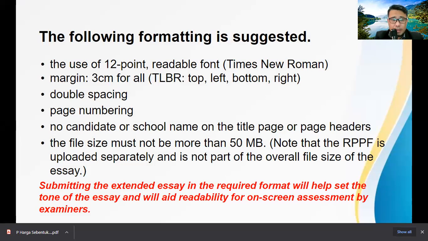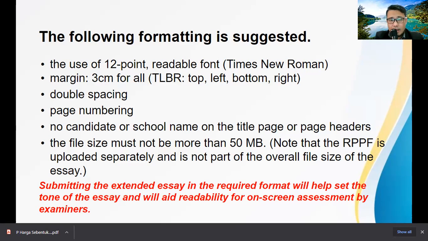And then the margin of the paper is 3 centimeters for all, so top, left, bottom, and right. Then double spacing for the line spacing, and page numbering, as I've told you in the beginning. Start number 1 in the introduction, and no candidate or school name will appear in the title page or any kind of page.